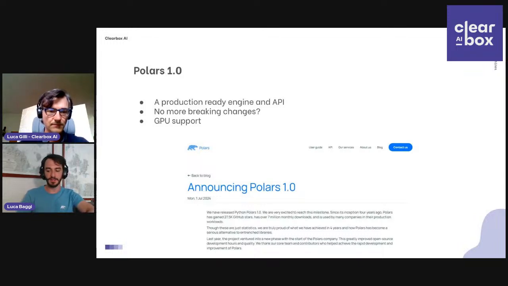Even though the frequency of updates won't slow down, they're pretty serious about the breaking changes. So I expect that we won't see a Polars Supernova coming soon. We won't see breaking changes in the public API. Maybe there will be some, but they will be thoroughly advertised, and it has reached a level of maturity that makes it safer to use in production.